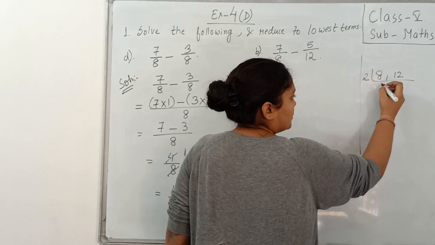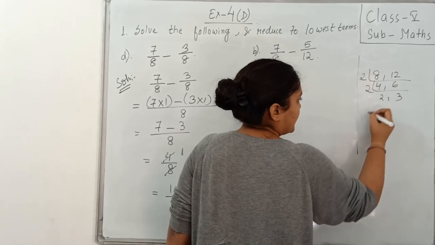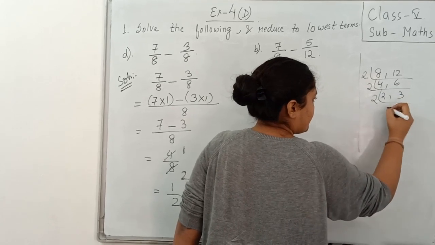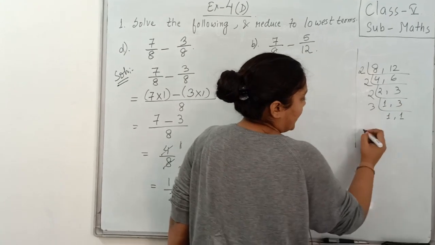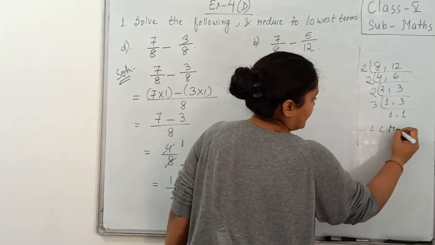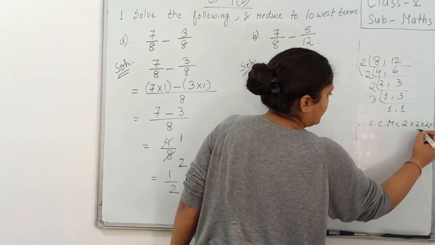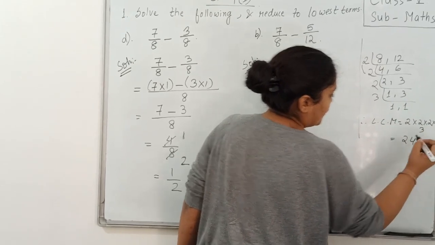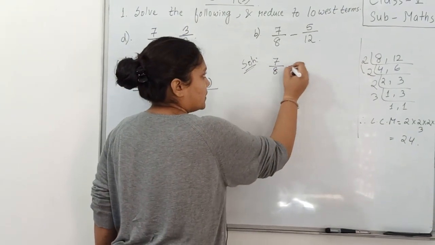By 2, 4 and 6. By 2, 2 and 3. Right? 1 came, so your LCM is going to be 2 into 2 into 2 into 3, 24. Okay, so let us try to solve this also.